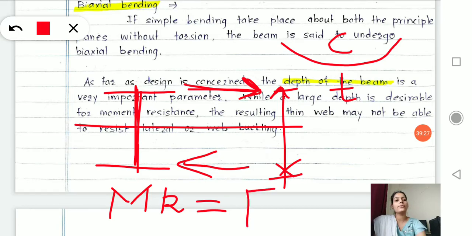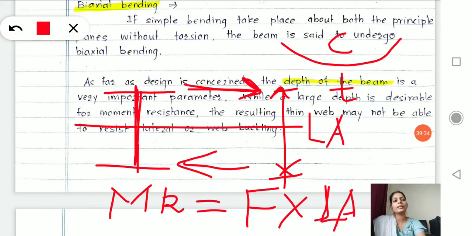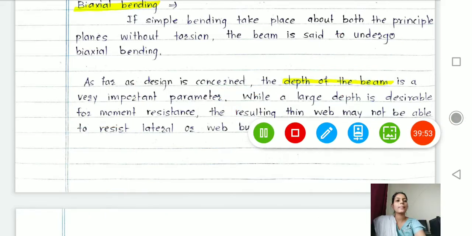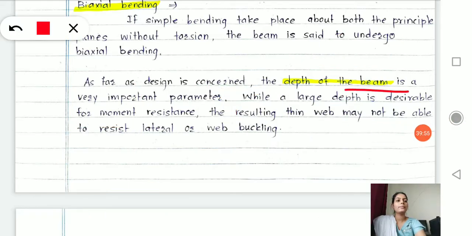It is force into lever arm. And what is the lever arm? The distance between the compressive and tensile force. If the depth of the beam is more, this distance will be more, and the moment of resistance will be more.